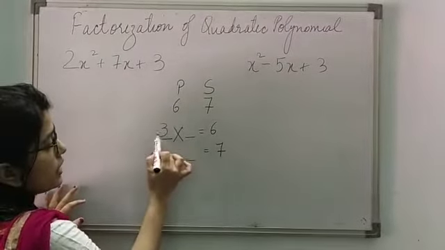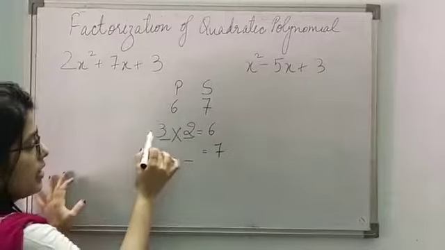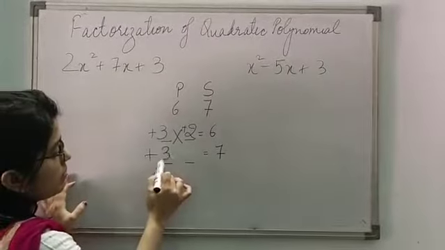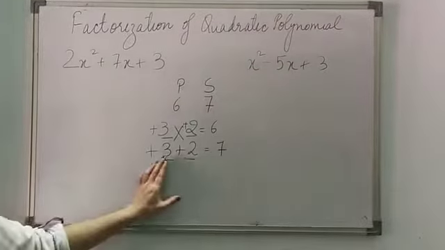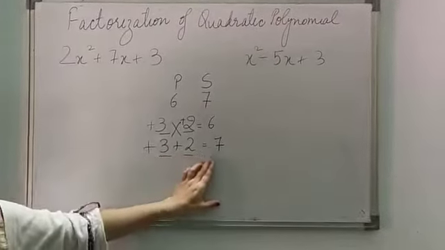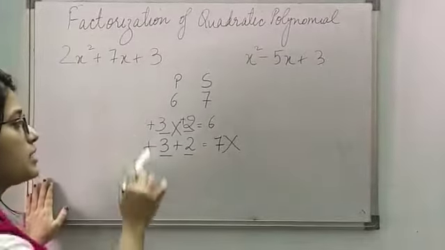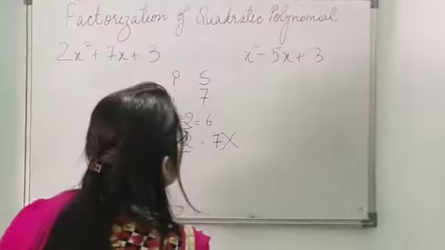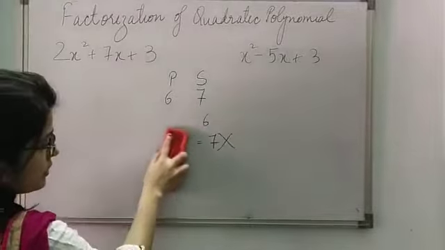I can take 3 twos are 6. Here the sign is plus 3 and plus 2. If I take plus 3 and plus 2, will I get 7? 3 plus 2 is 5. I am not getting 7. So that means our assumption of 3 and 2 is not correct. It is a wrong assumption. I have to think of some other numbers.